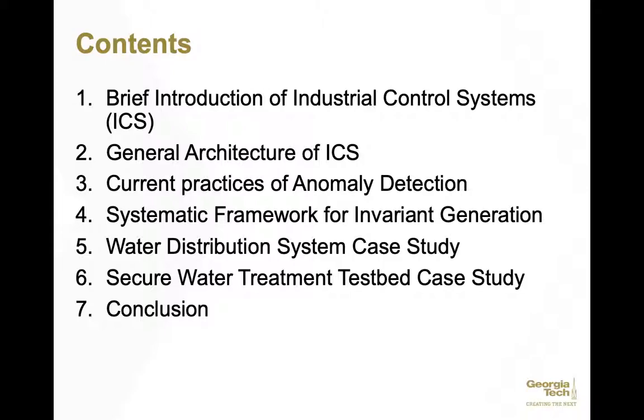Fourth, the systematic framework for invariant rule generation that this paper proposes, as well as two case studies where the authors tested their framework on real-world systems. The first one, and the fifth topic, is the water distribution system, and then the secure water treatment testbed. And finally, we can talk about why this is important and how their framework compared to baseline models.